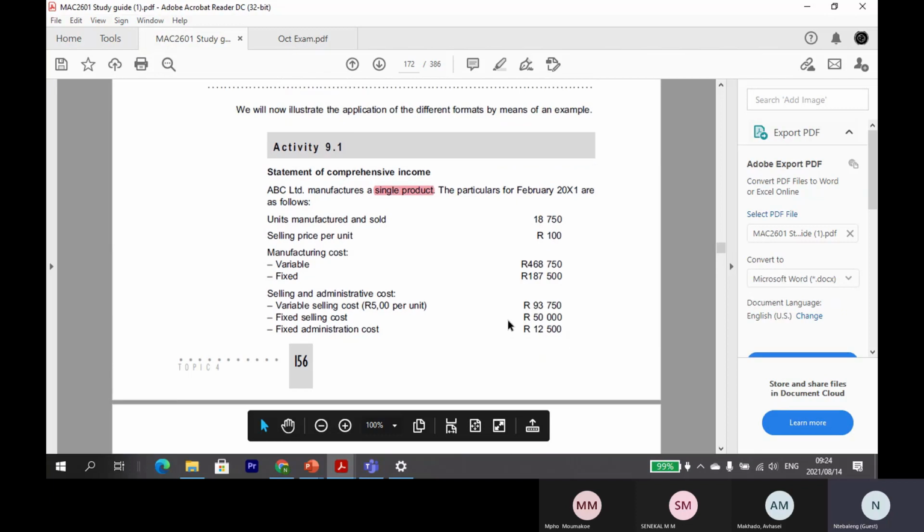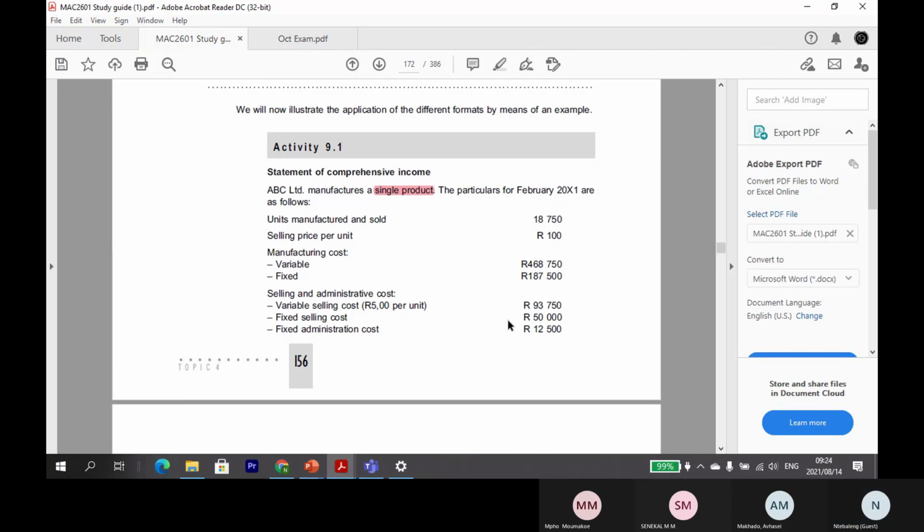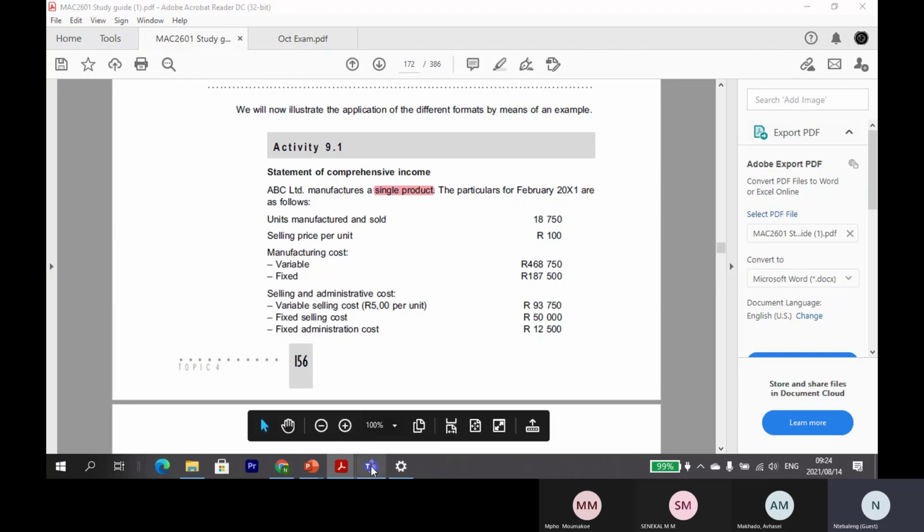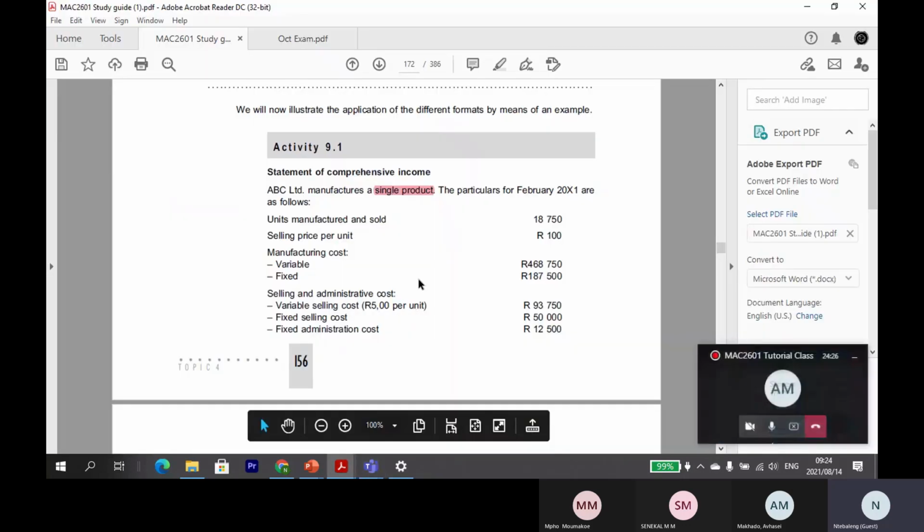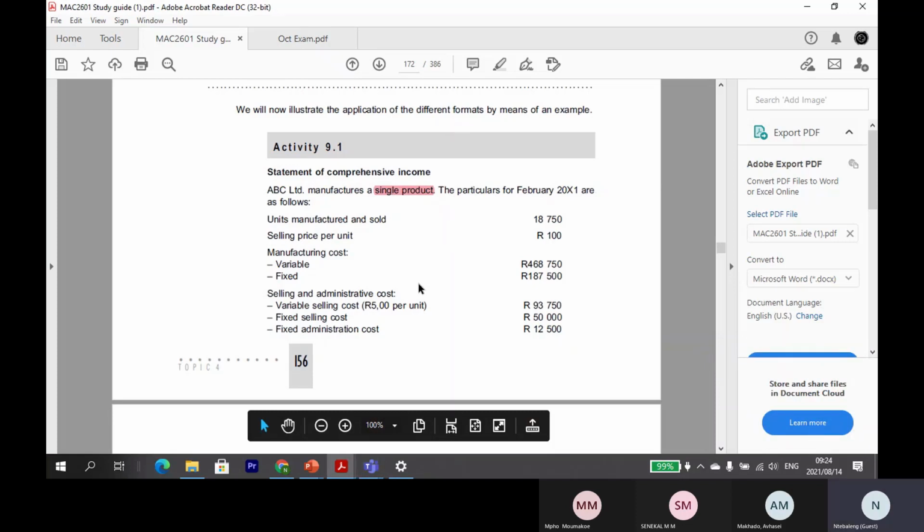You attempt the question, and as usual, after attempting the question, you start talking in terms of your thinking process. One will tackle the direct costing method, and the other one, because it's just the two of you, will tackle the absorption costing method, and then we discuss. Then we can carry on with some of the objectives for today.